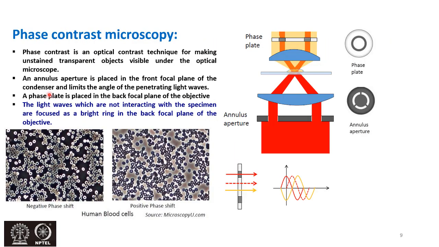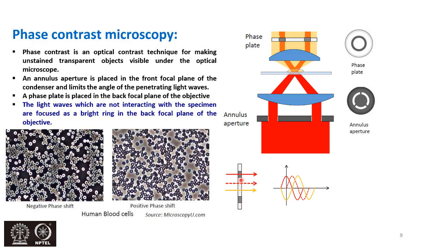So again, the phase contrast microscopy. Here we use an aperture, the annulus aperture, which changes the interference pattern. Here you can see there are slits, and then there are areas which are blocking the light.